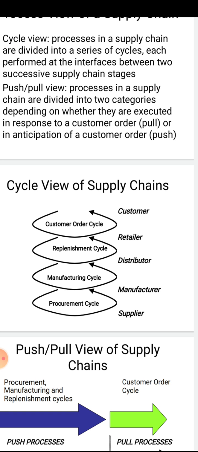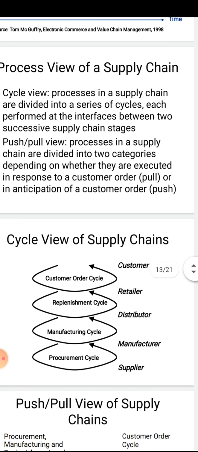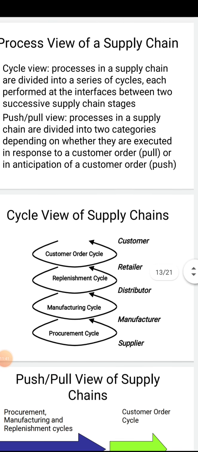So there are three basic supply chain activities. One is strategic, second is tactical, and third is operational. What is strategic? Different strategic partnerships are adopted with the suppliers, distributors, and consumers. What is tactical?